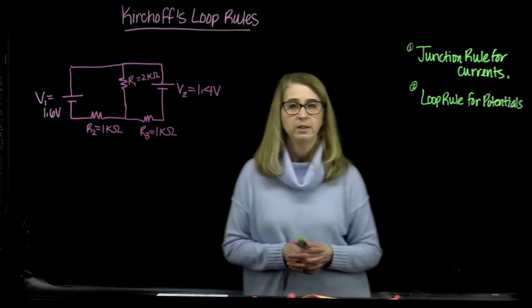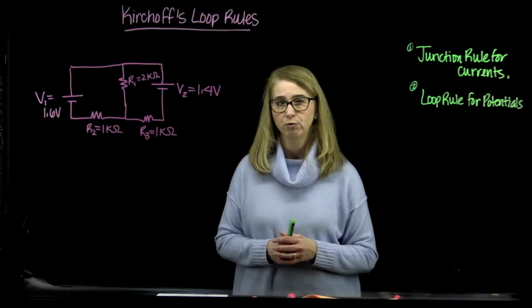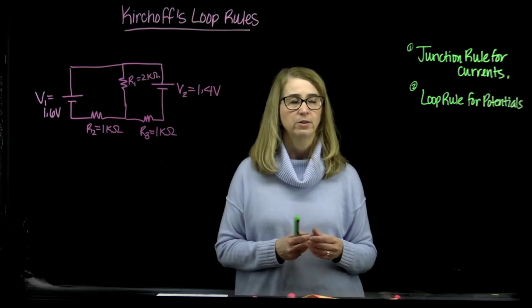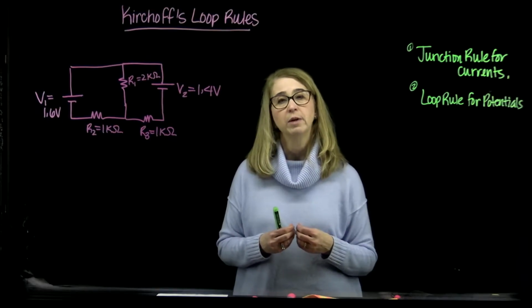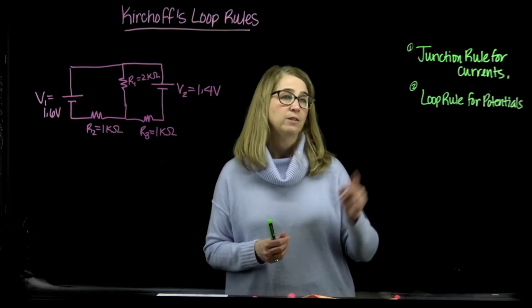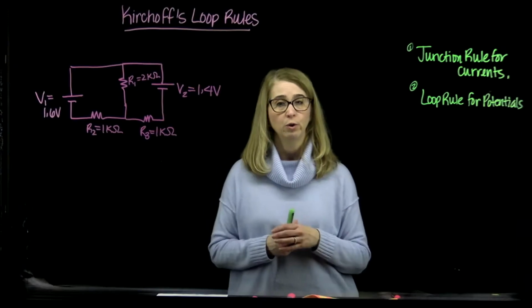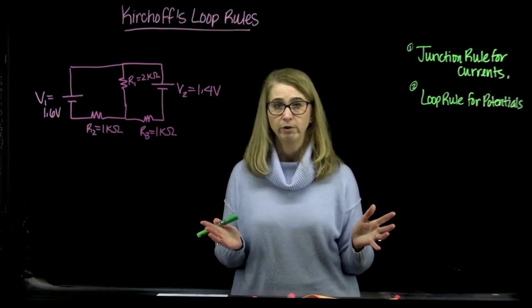Now, basically, there are two different rules that we use. One is called the Junction Rule, which allows us to relate the currents that might be flowing in different portions of the circuit. And then the second rule is the loop rule, which allows us to choose a closed loop. You can choose whatever you want.